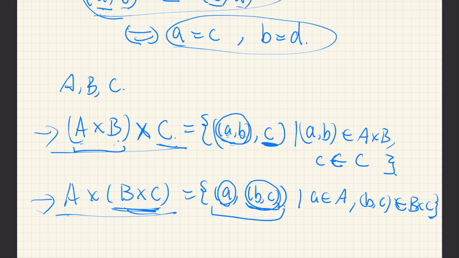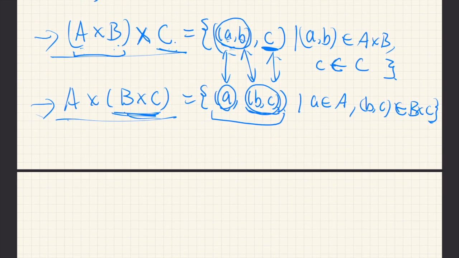But we have a one-to-one and onto correspondence between these two. We call it isomorphic. So these two sets are isomorphic. In a sense, they have essentially the same shape. So although they are technically different, we consider them as equivalent. So we write this set as equal.